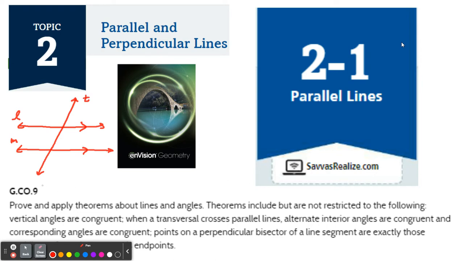We would say L is parallel to M with transversal T. So this is our example of parallel lines that you might see over and over again. I think you should have seen this in the past.